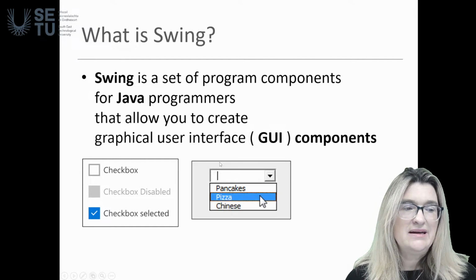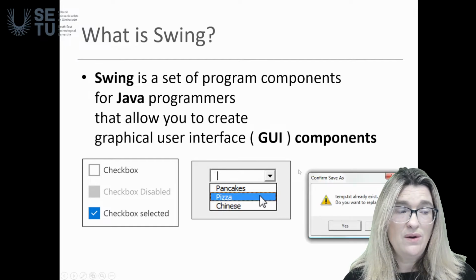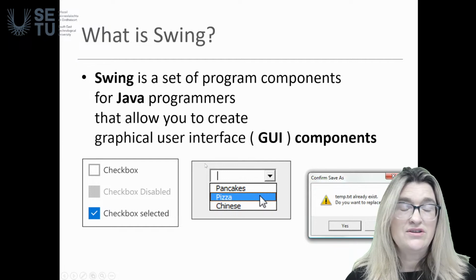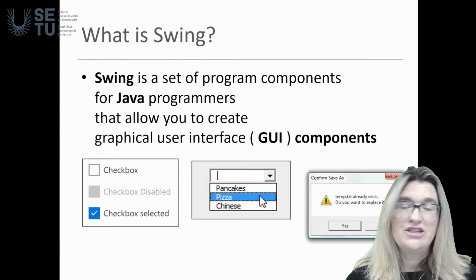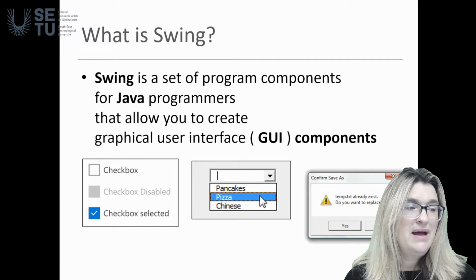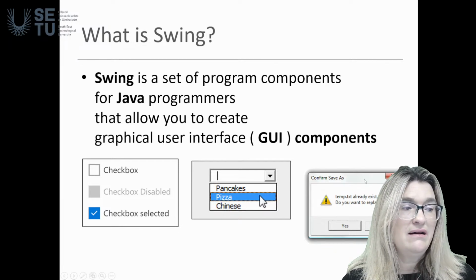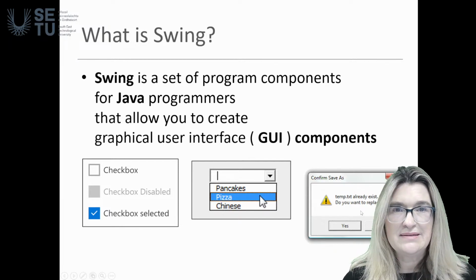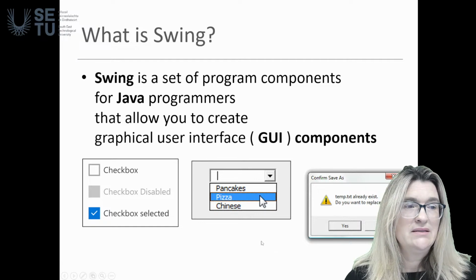So you can see there that these are all Swing components. There's drop-down lists, there's checkboxes or radio buttons, whatever we want to call them, and then there's our dialog windows, and that's what we're going to be using.